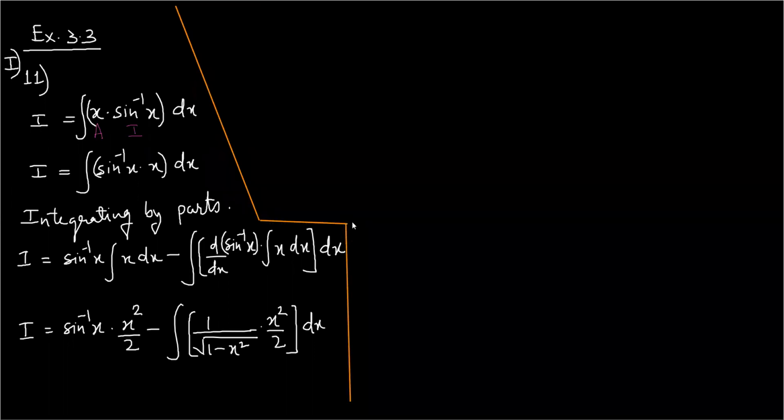So the next step I get is I equals to x square by 2 multiplied by sine inverse x, and this 1 by 2 is a constant, so I write minus 1 by 2 out, and integral x square divided by square root of 1 minus x square dx.